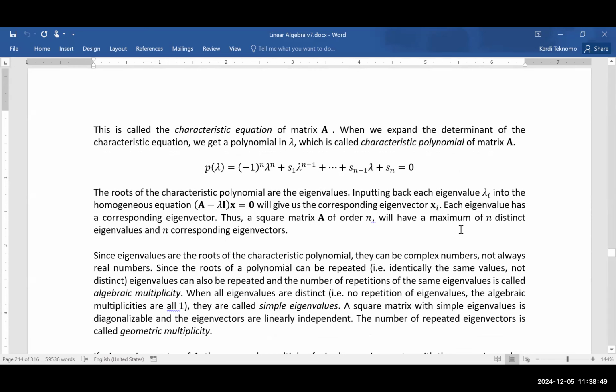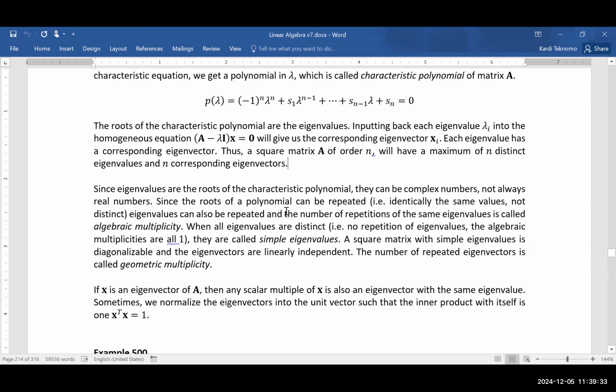If they are repeated, you ask how many repetitions. The number of repetitions of an eigenvalue is called algebraic multiplicity. When the eigenvalues are all distinct, there is no multiplicity, no repetition of eigenvalues, so this is called simple eigenvalues.